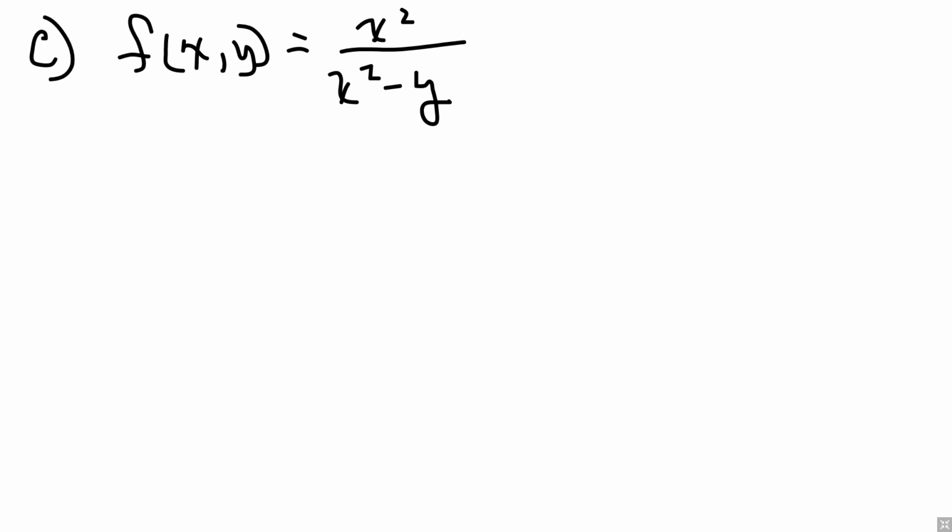All right, two different paths. So what do you think I should let y be equal to? k x squared. Okay, so y equals kx squared.